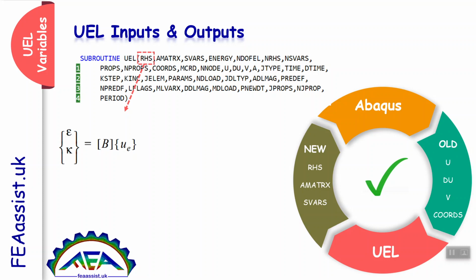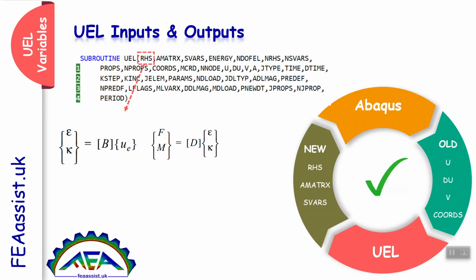Strain is a function of displacement. Here we add curvature for that. K is curvature. Strain and curvature are a function of UE, which is displacement, by a matrix we call the B matrix.